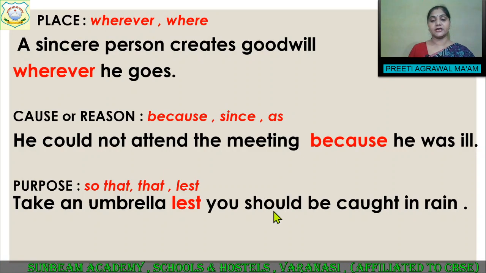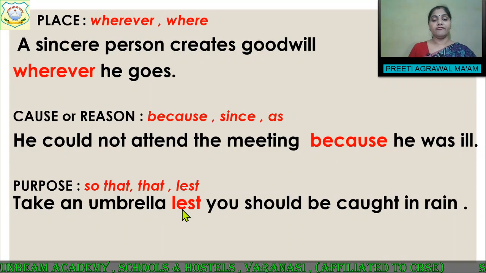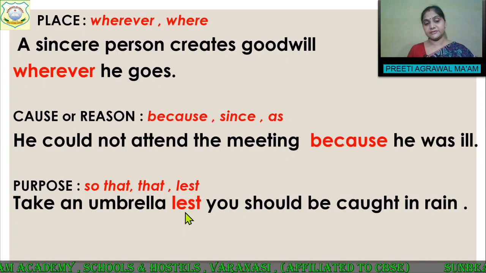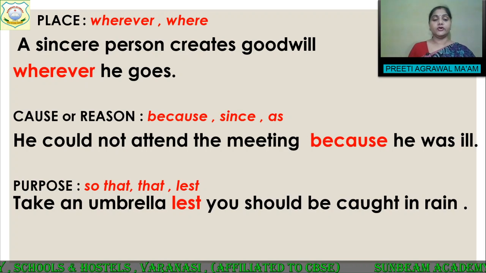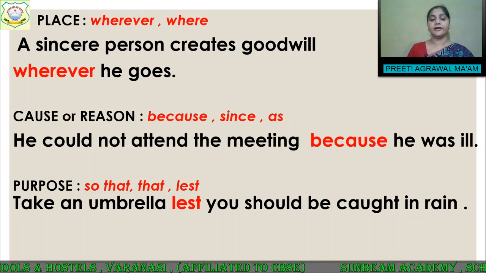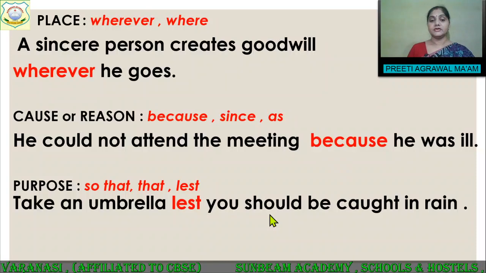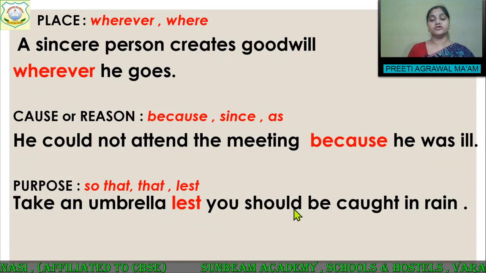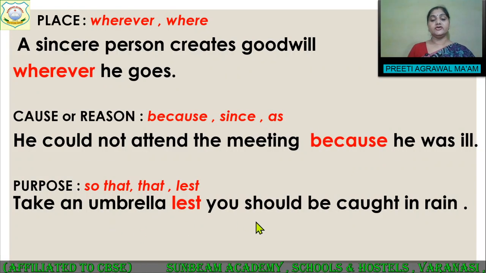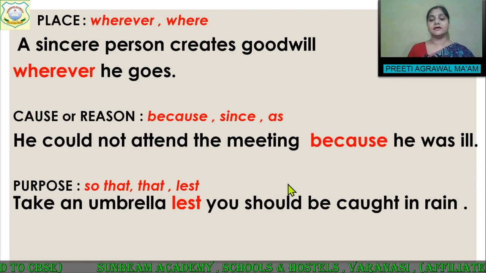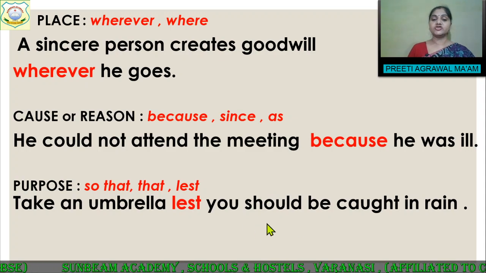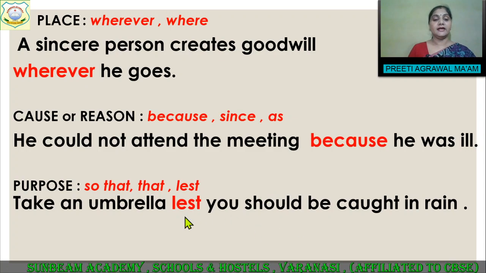I have written here should. Lest means ऐसा ना हो कि in Hindi. So, take an umbrella lest you should be caught in rain. Whenever you use lest, always use should. As soon as you see should in your fill-in-the-blanks, it means most probably your conjunction will be lest.